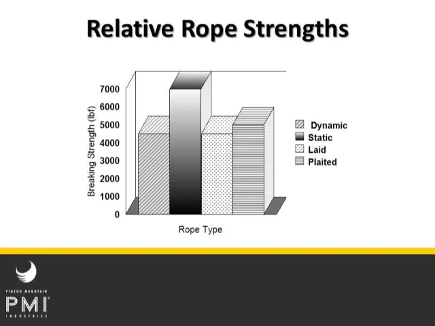Only you know that, but I would say that if you're worrying about breaking a rope in a regular operation that it's over 5,000 or 6,000 pounds, you're probably doing something wrong, because it really shouldn't be a big issue on the strength. But just knowing this chart gives you an idea that there is a relative difference between your dynamic, laid and plated ropes and a static rope in strength, all things else being the same.